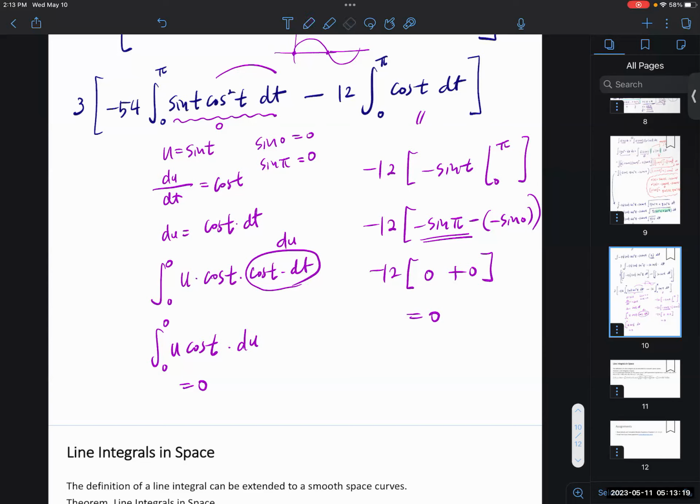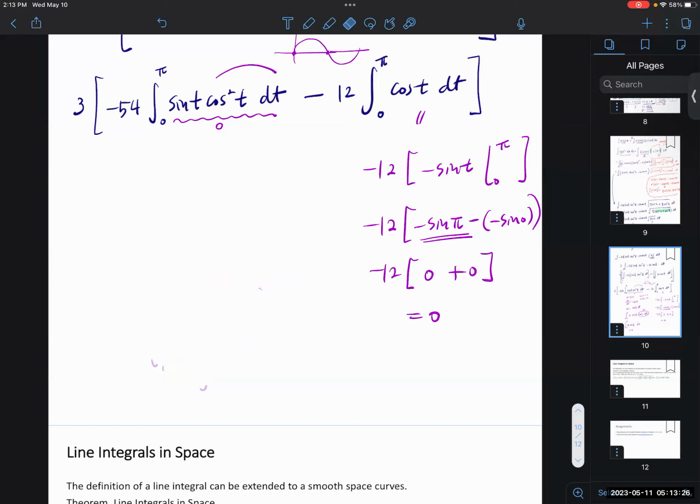Okay, so let me try it that way, because we keep getting 0. So let me try to change the u substitution instead of sine. Let's say u equals cosine t, du over dt is going to be negative sine t, right? So du equals negative sine t dt.